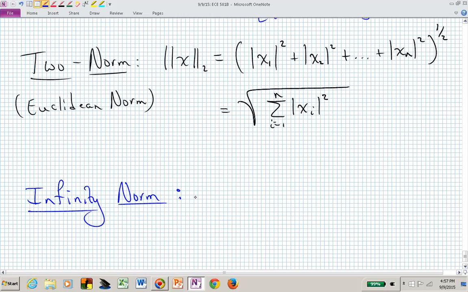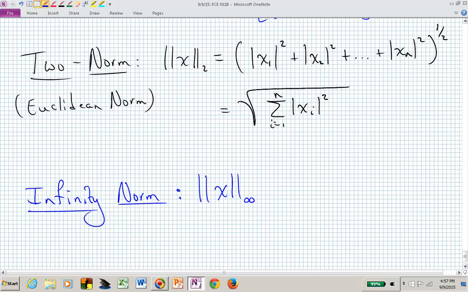What does that look like? We want to know the infinity norm of this vector x, where x is in coordinates, however long or big.